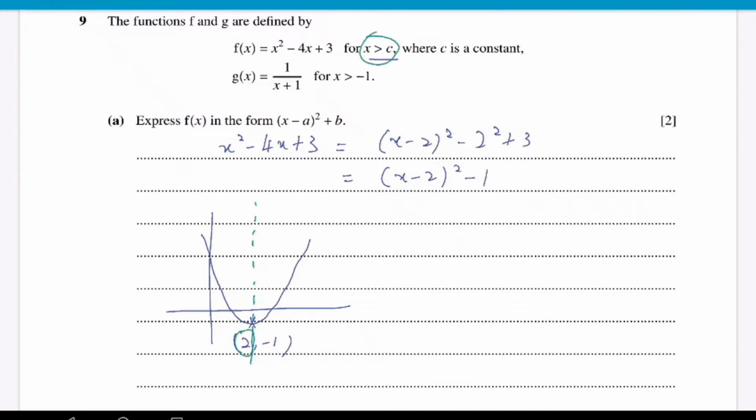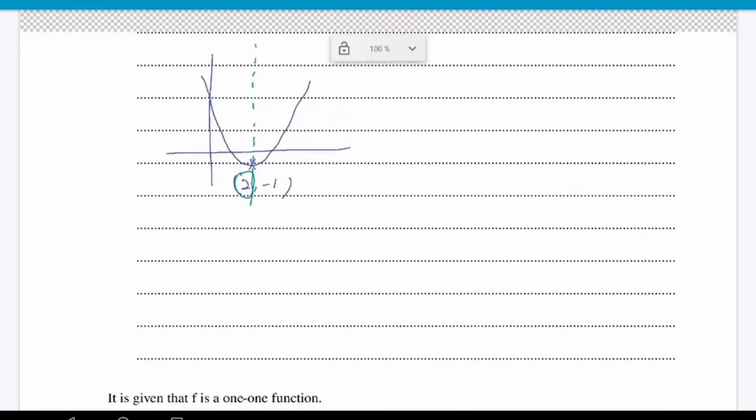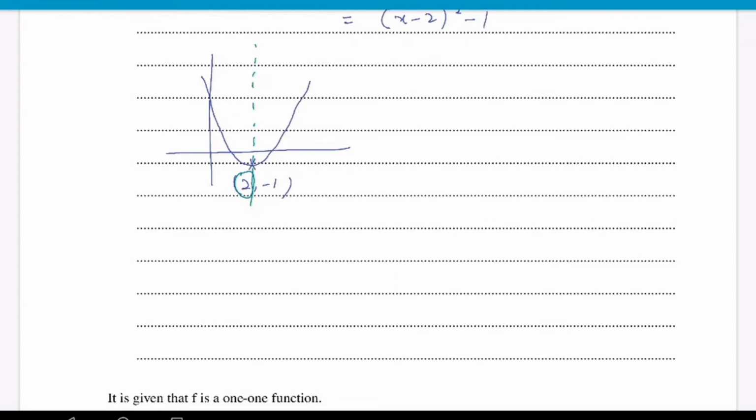So our c must be the x value of the minimum point there. So the smallest c is 2. We must take the x coordinate of the minimum point.